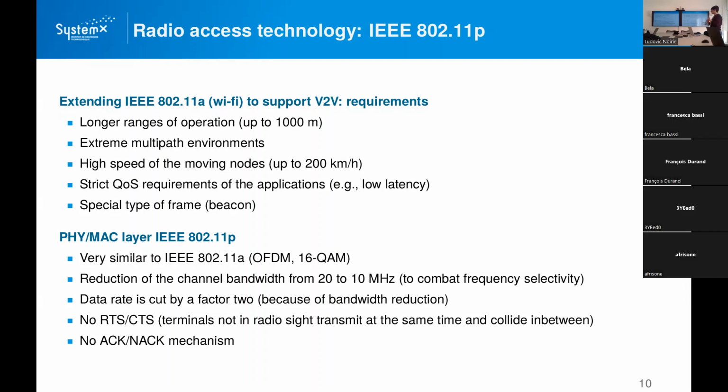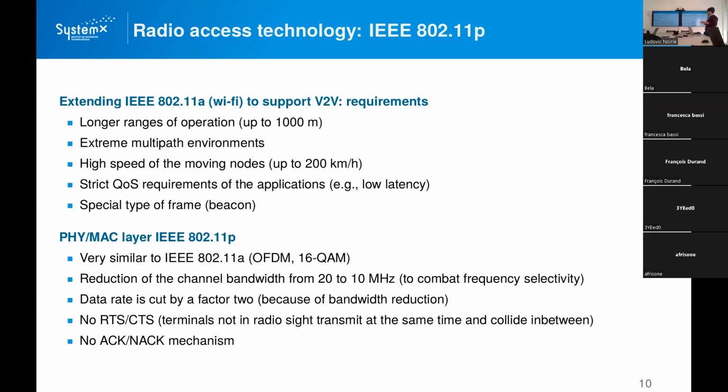So you have longer ranges of operation with respect to normal, regular Wi-Fi. You have extreme multipath environments because of the environment where you are going to operate. You have nodes that can move quite fast. And you have requirements, especially in latency, that come from your applications.